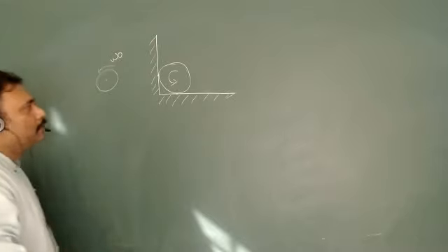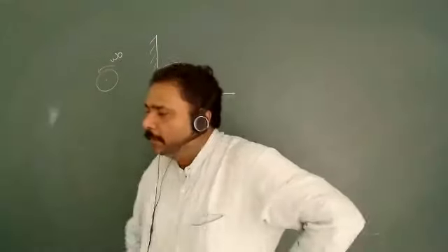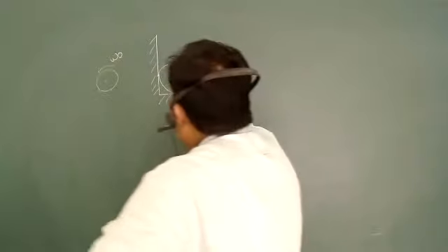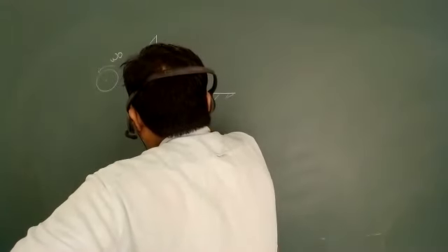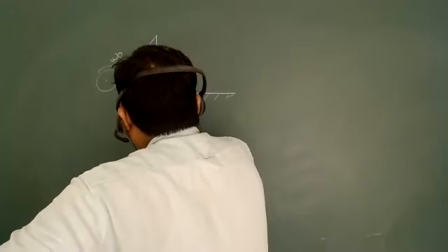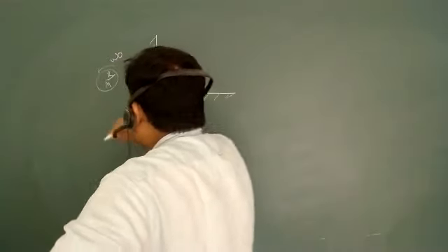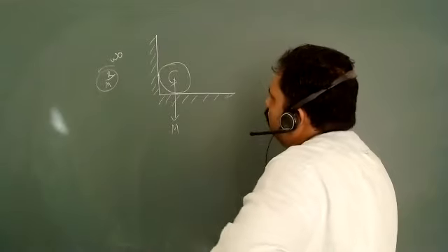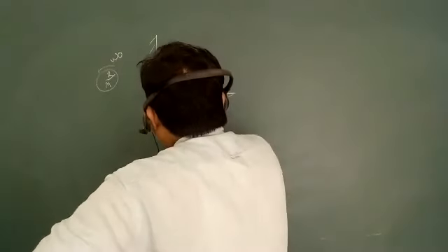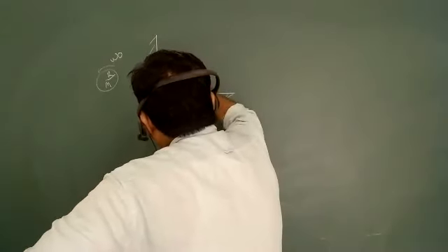Okay, so what we have, let us first draw all the possible forces. Obviously weight is here. It has some mass m, radius is r, and it has weight here. And it is rotating something like this.